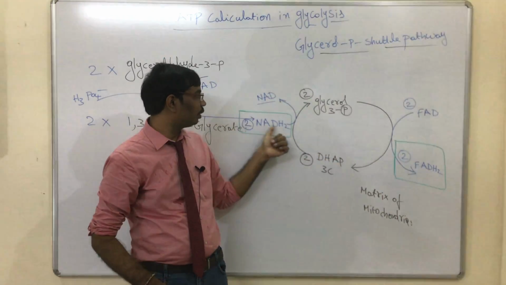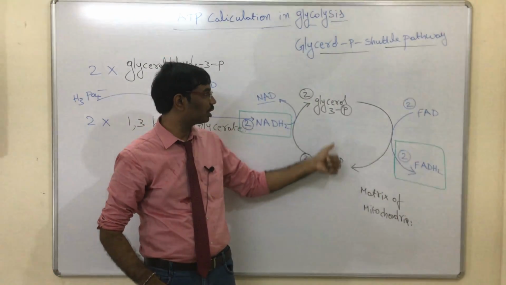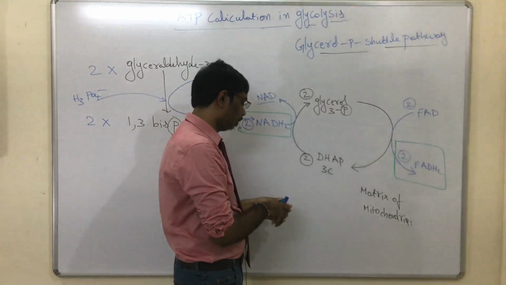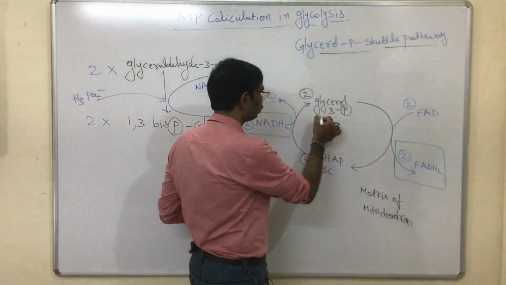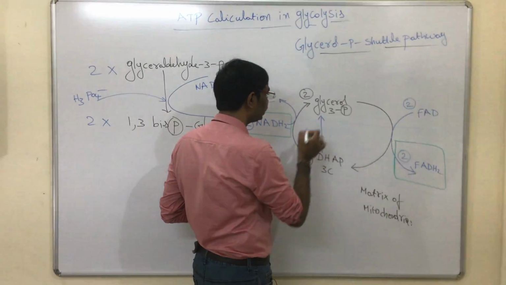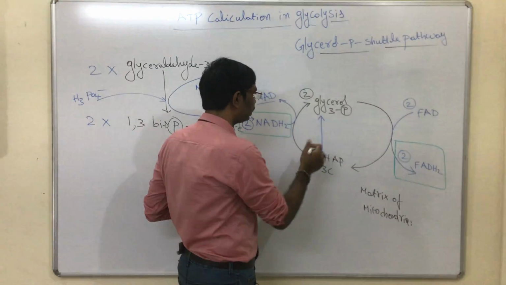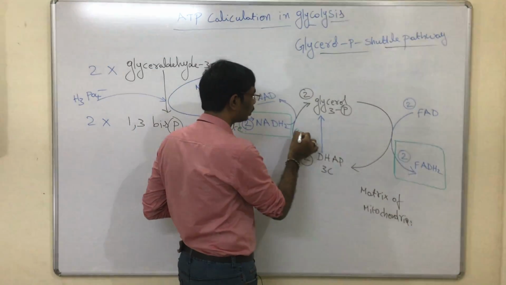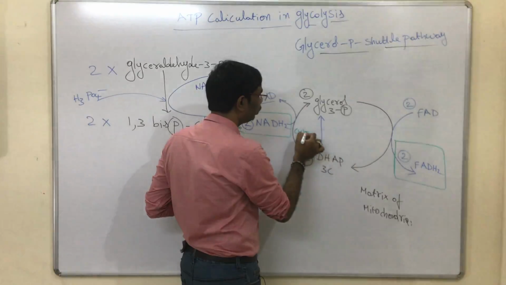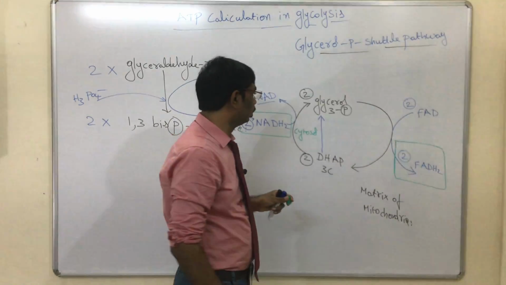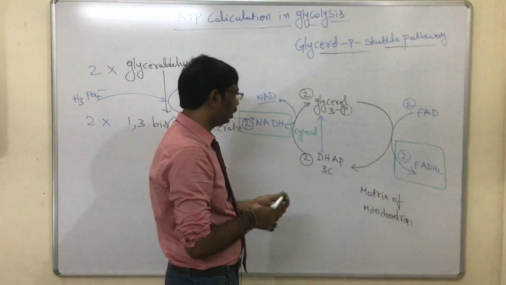Okay, so by the addition of hydrogens, DHAP is converted into glycerol 3-phosphate. So this reaction takes place in the cytosol. Cytosol means cytoplasm. Cytoplasm is present in the cell. Okay, so another reaction is there.